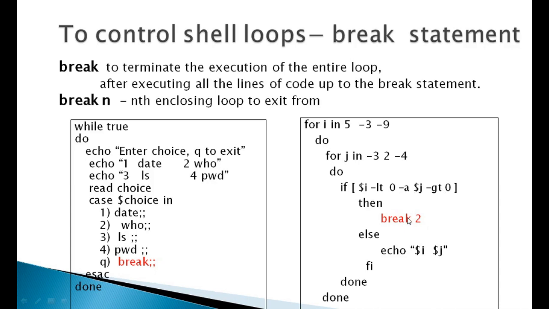That means as long as the condition is not satisfied, you will be printing $i and $j. Otherwise, when i is less than 0 and j is greater than 0, control will come out of the second loop. That means this for is the first loop and this for is the second loop. We'll just try this example.